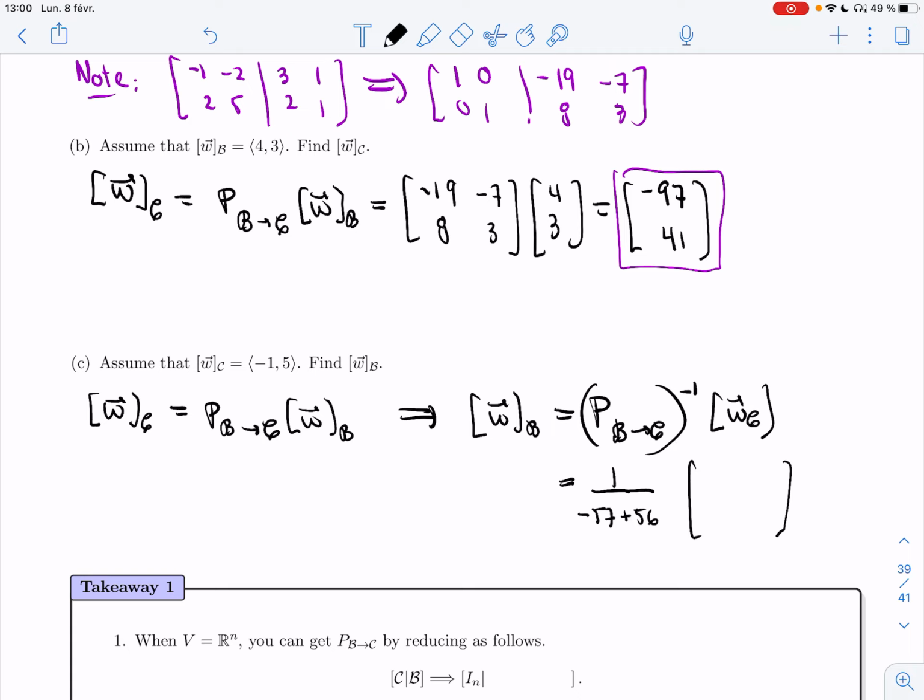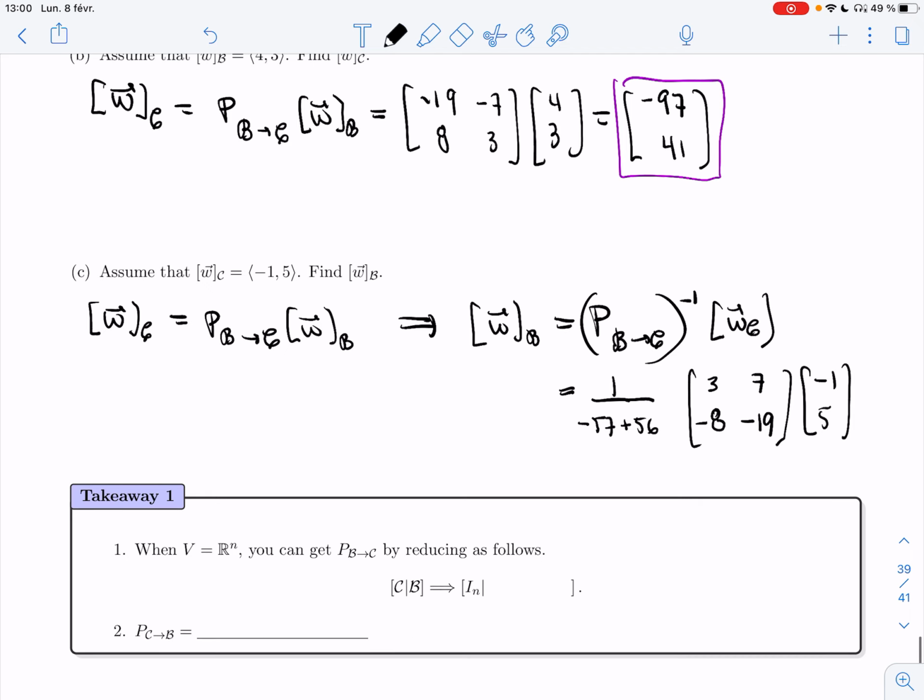Then I'm going to switch the diagonal entries, this is the formula from linear 1, and then take a minus to the other ones. Then I'm going to multiply them by (-1, 5). And what I got is -32, 87.